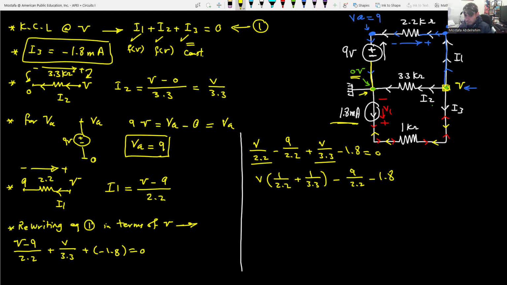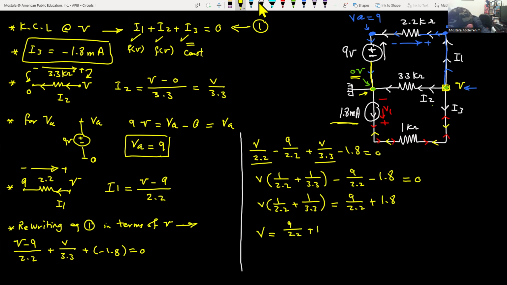equal to 0. So V times (1 divided by 2.2 plus 1 divided by 3.3) equals 9 divided by 2.2 plus 1.8. So V is equal to (9 divided by 2.2 plus 1.8) divided by (1 divided by 2.2 plus 1 divided by 3.3).